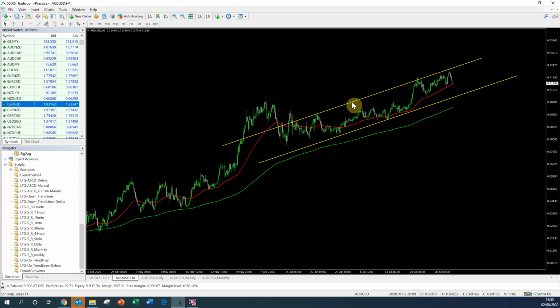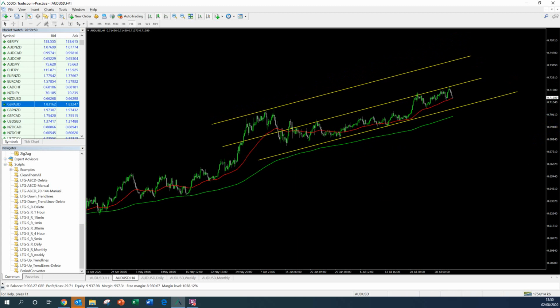So how reactive are these levels here? There may be... no, it's a bit too messy for me actually.